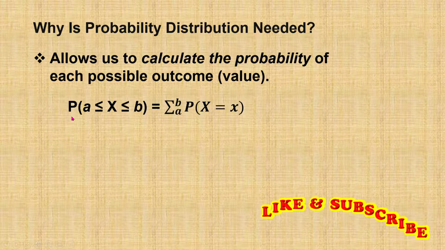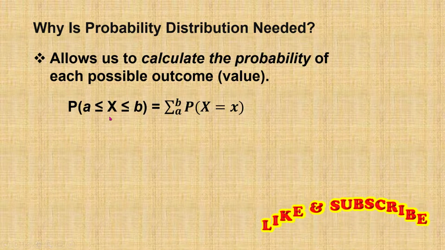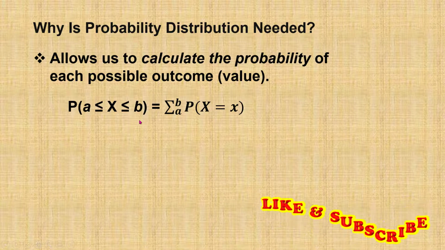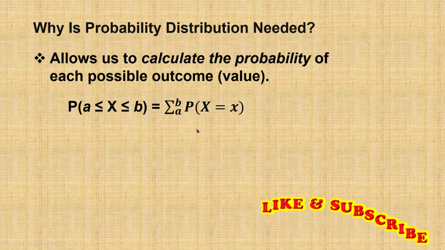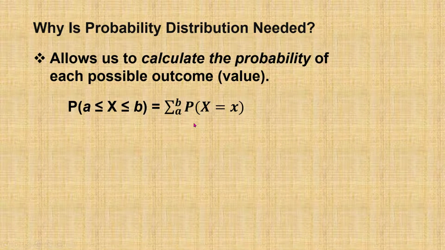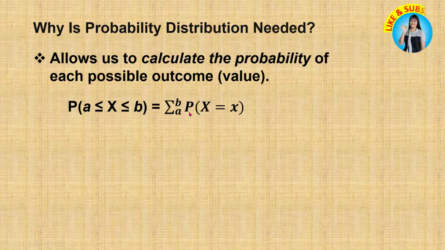For example, if we want to find the probability of x between A and B, by using the probability distribution, we can calculate the probability. For a discrete probability distribution, the probability between A and B is equal to the sum of the probabilities of the values of x between A and B.